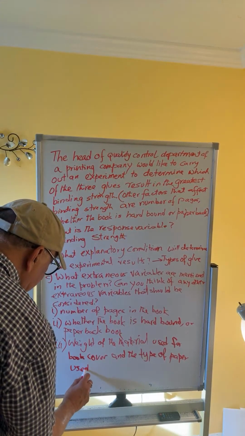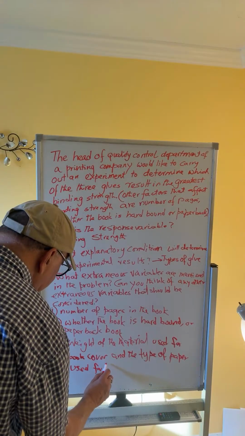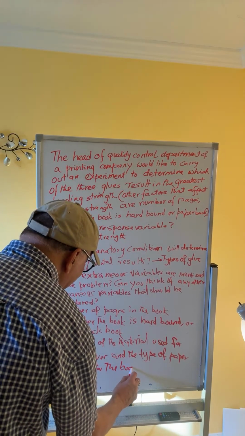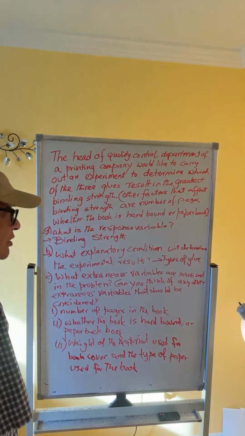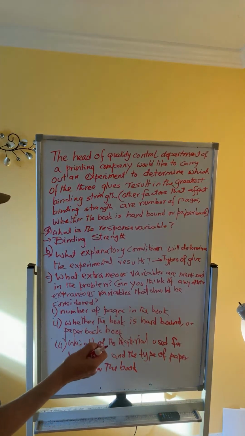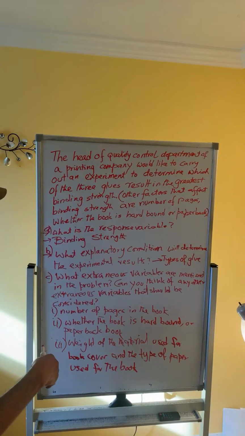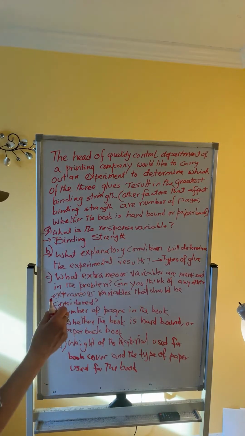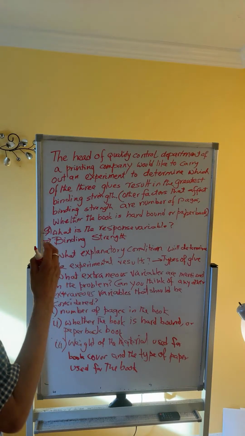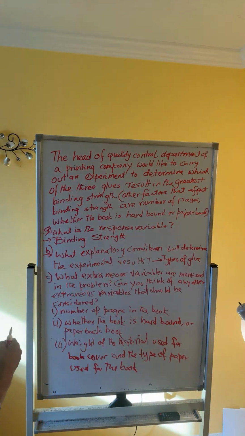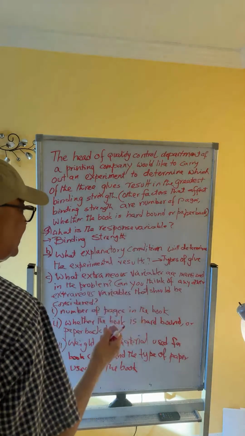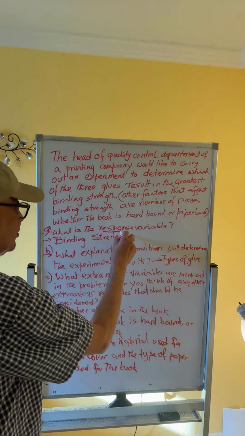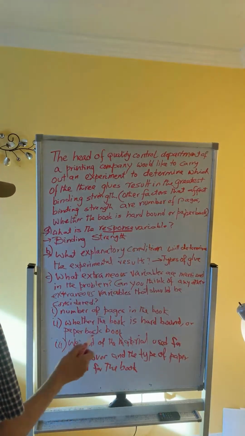So, here we are talking about an experimental study. We're talking about a response variable and an explanatory variable. Response variable in this case is the binding strength, and we are looking at 3 types of glues. Explanatory is types of glues. Response is the output variable.